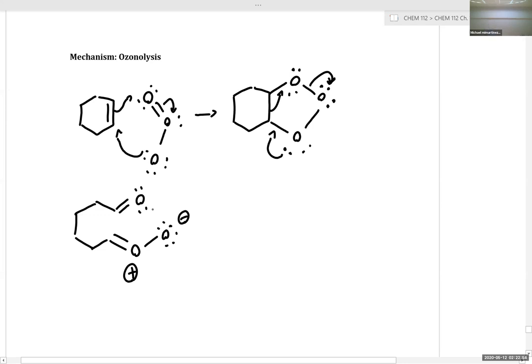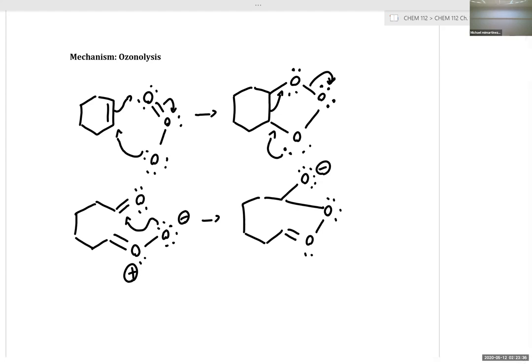So in our next step, we're going to attack this aldehyde-like functionality to generate the following potential intermediate.